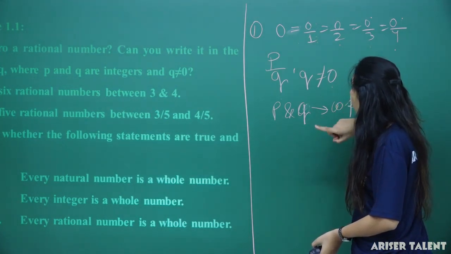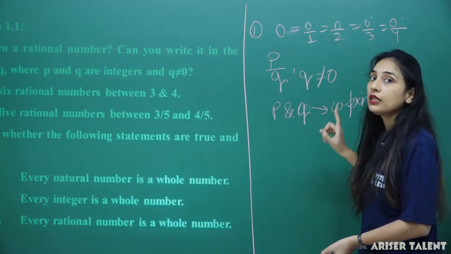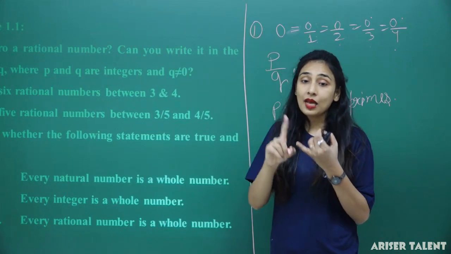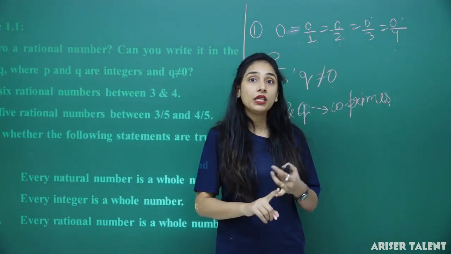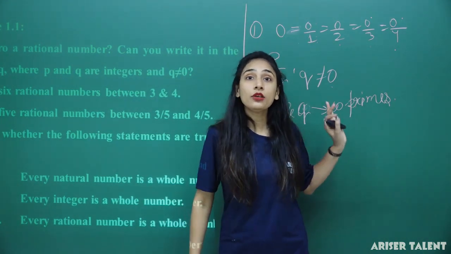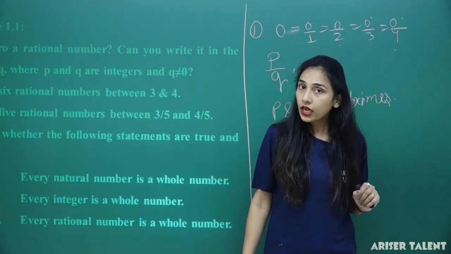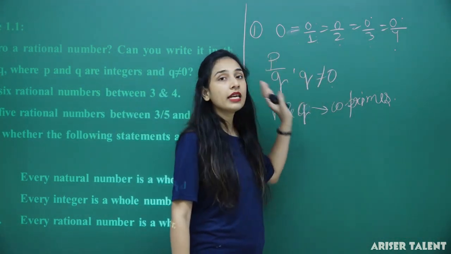The denominator q is nothing like 0. So I am fulfilling the objectives: p and q are co-prime, q is not equal to 0, and p and q are integers also. Three conditions are fulfilled, that means this is a rational number.